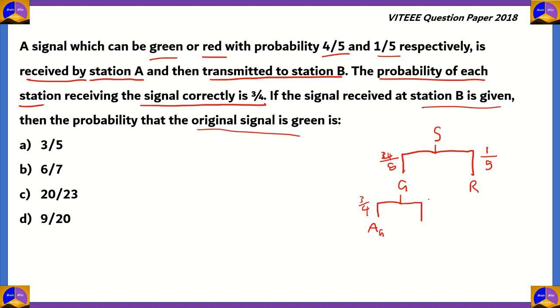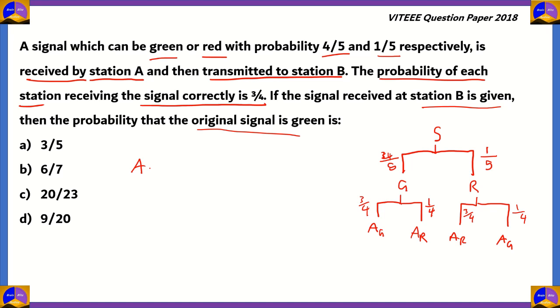However, there is a probability of 1 by 4 for the receiving being in error, so 1 by 4th of the time, station A will get a red signal. And a similar story here: when you have red, 3 by 4 it is A red, and 1 by 4 it's A green.